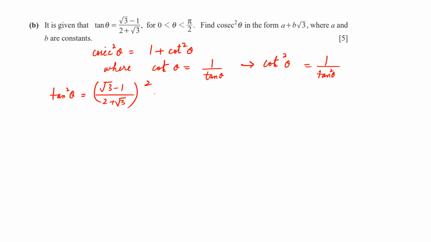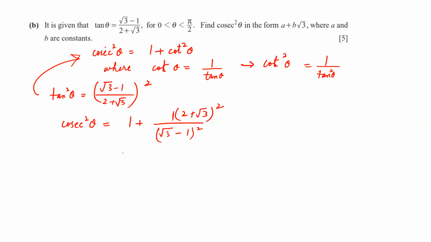Putting it in this formula, cosecant square theta becomes 1 plus 1 over tangent square theta, that is, 1 plus (2 plus under root 3) whole square divided by (under root 3 minus 1) whole square. Okay, so this is what we will get.